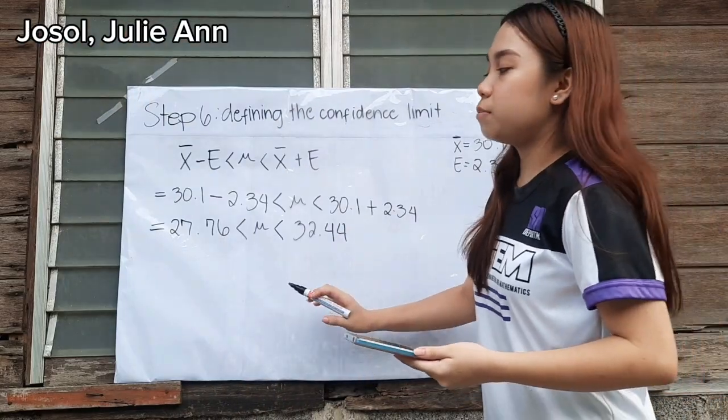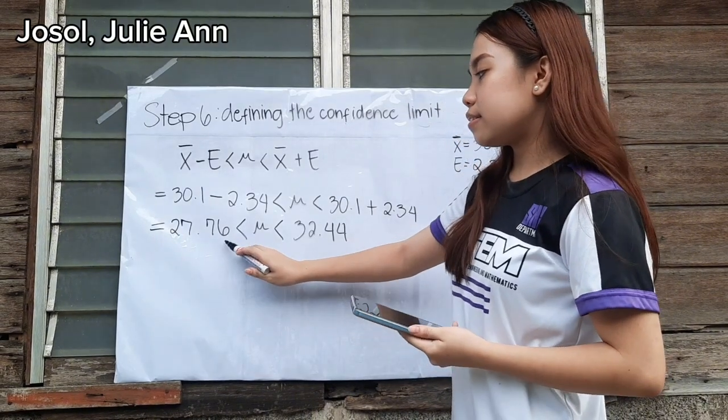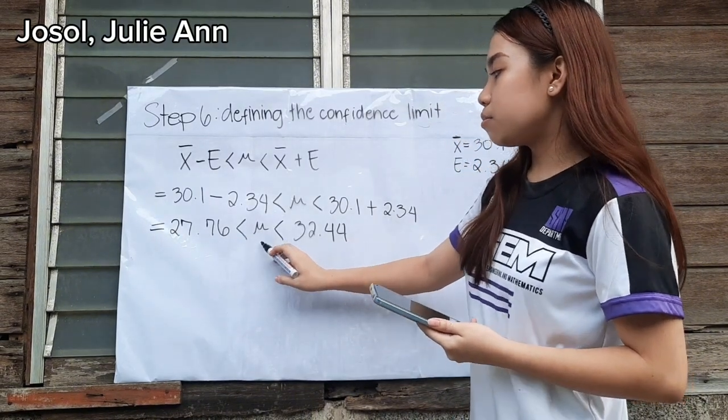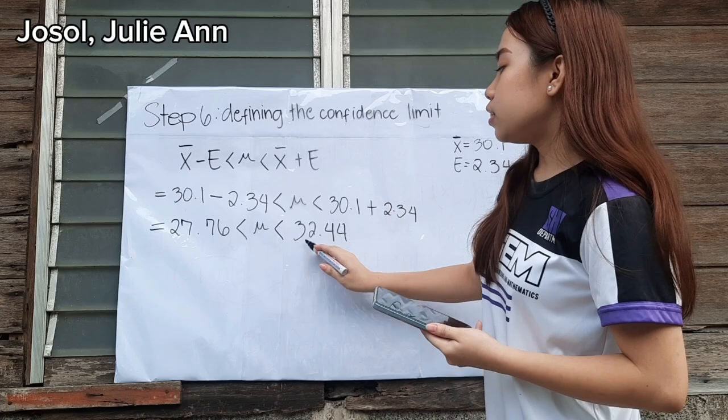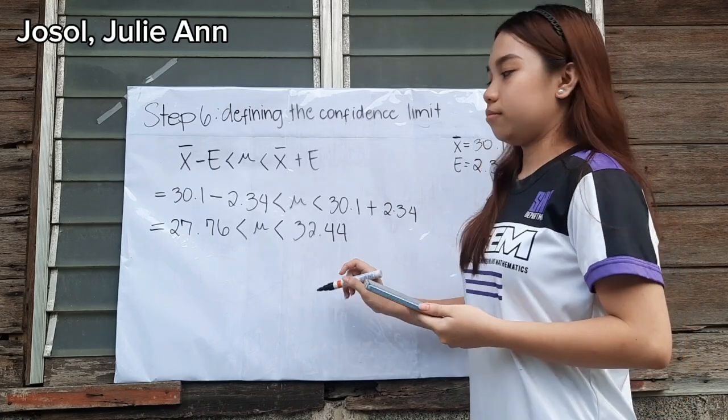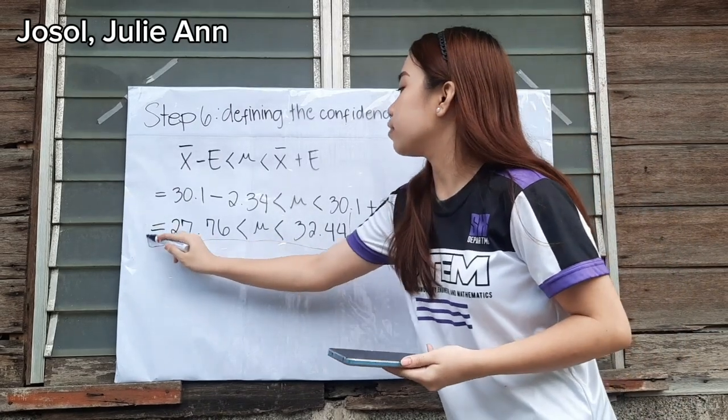So the answer will be 27.76 less than the population mean less than 32.44. Box the answer.